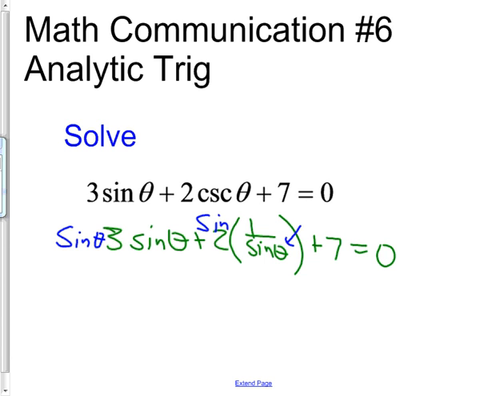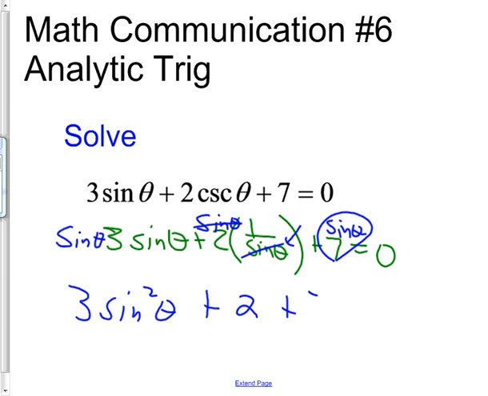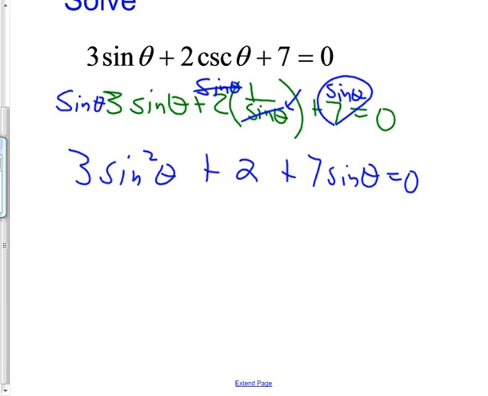And how many of you remember I've done this same problem before? Okay, good. Because it turns out to be a quadratic. 3 sine squared theta plus the sines cancel. This sine cancels this sine, and I get 2 plus 7 sine theta. I'd like you to solve that one from there.